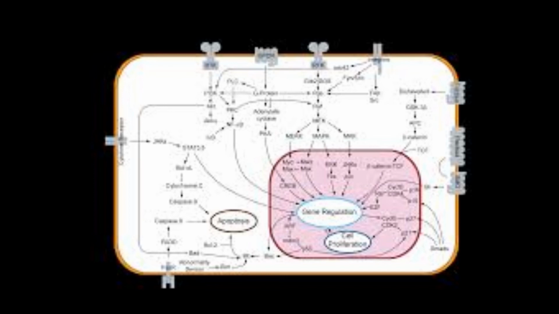So, do you remember going back to the original diagram I showed you guys of many signal transduction pathways, right? So what's one of the things that those signal transduction pathways do with each other? They talk to each other, right? So if you have multiple steps in a signal transduction pathway, then you can get some of those kinases to talk to other kinases and other proteins and other pathways, right?